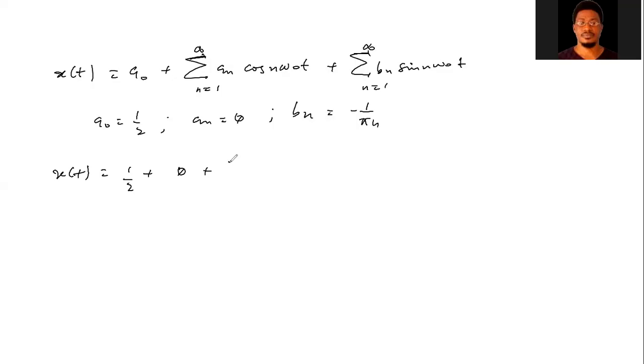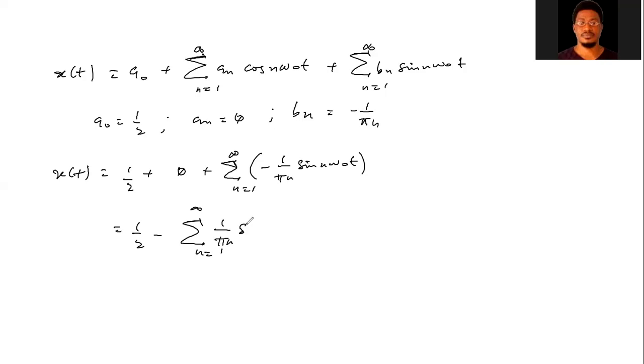So this is going to be sigma n equal to 1 to infinity into bracket. Bn is minus 1 over pi n, right? Sine n omega naught t, right? So minus times plus, that will give us 1/2 minus sigma n equal to 1 to infinity 1 over pi n sine n omega naught t.